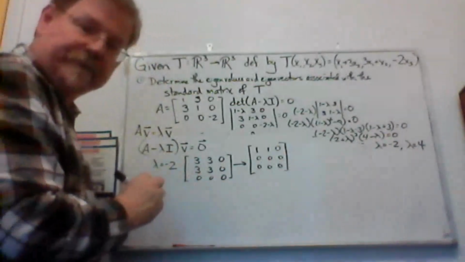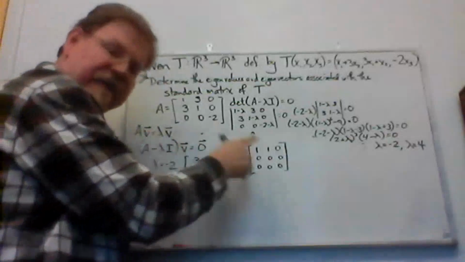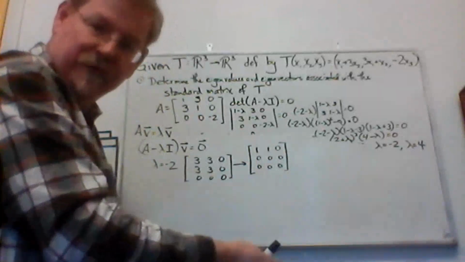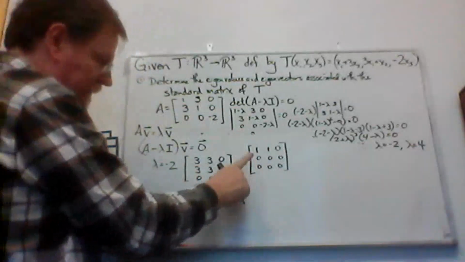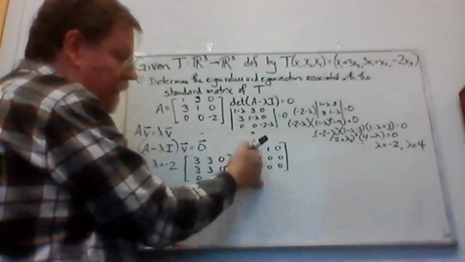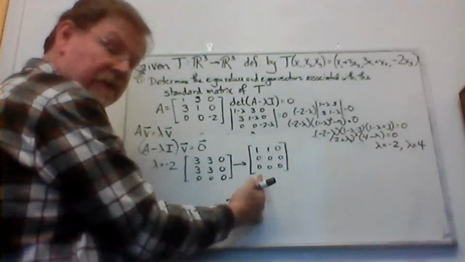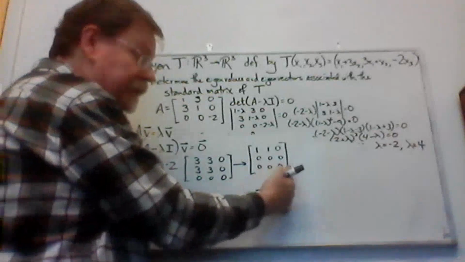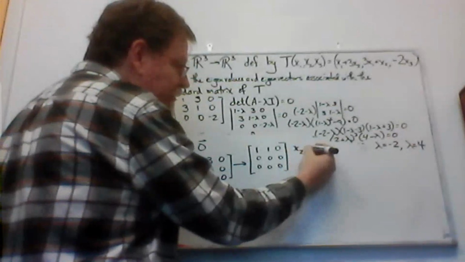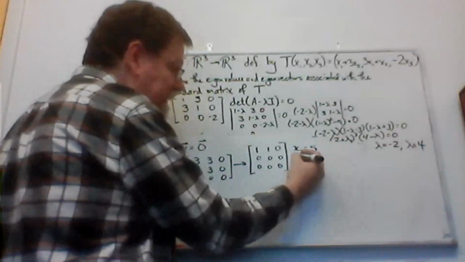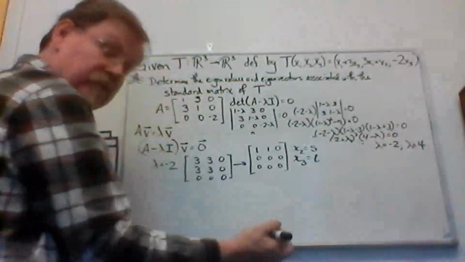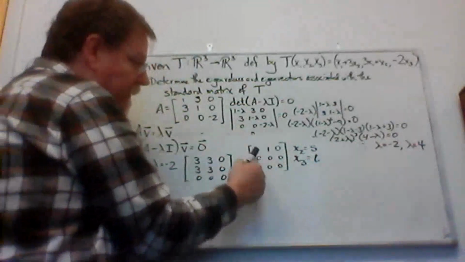It comes out rather nicely. If you didn't see how that was going to happen, you can always plug that into a calculator and get it to reduce it for you. We only have one column that has a leading 1. The other two don't. So we're going to let x2 equal a parameter s and x3 be a parameter t. We need two parameters here.